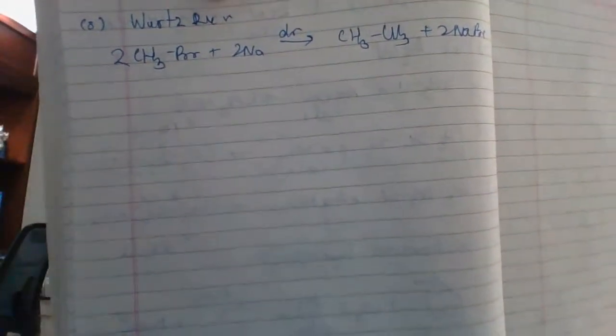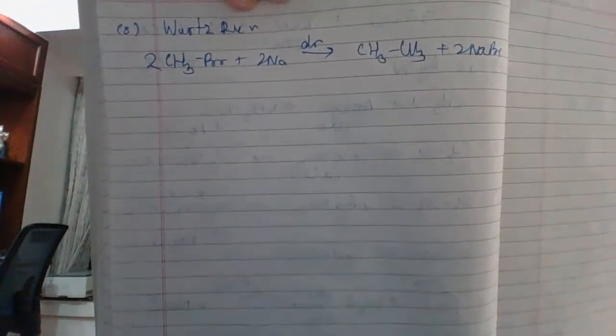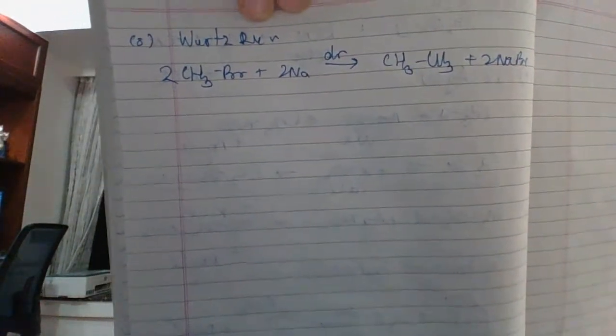You get CH3-CH3 plus 2NaBr. This is the reaction. This is basically to form an alkane again, and then you can do whatever you want with it.